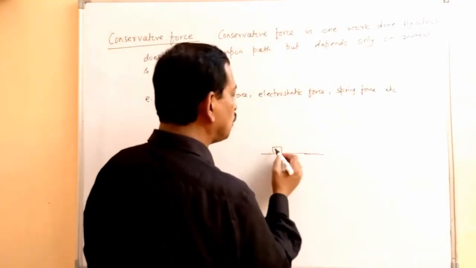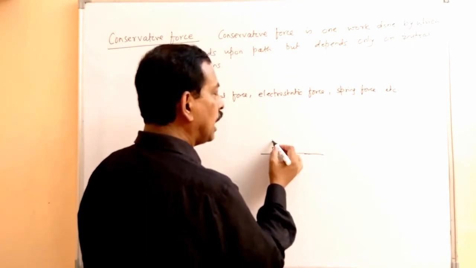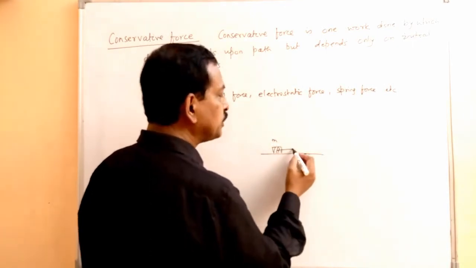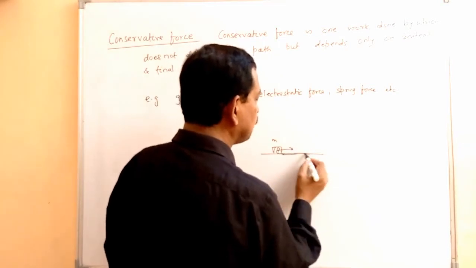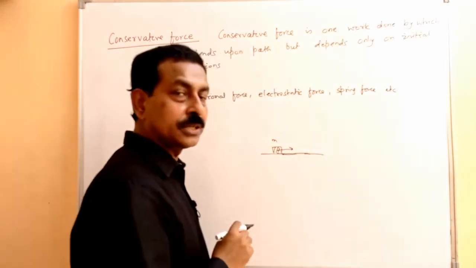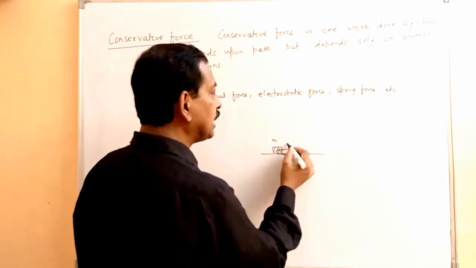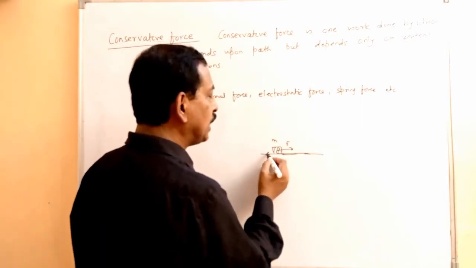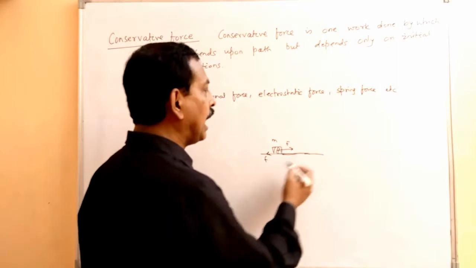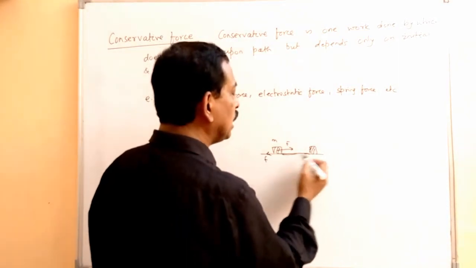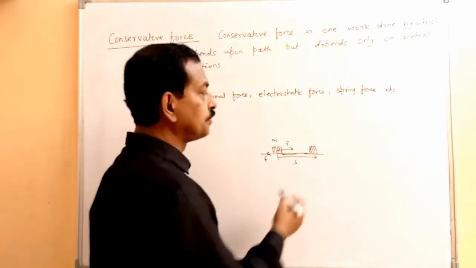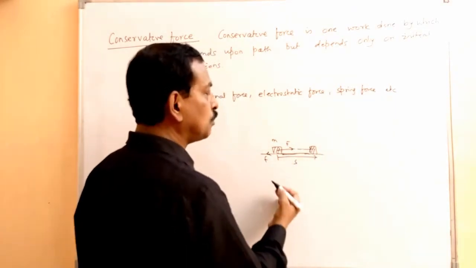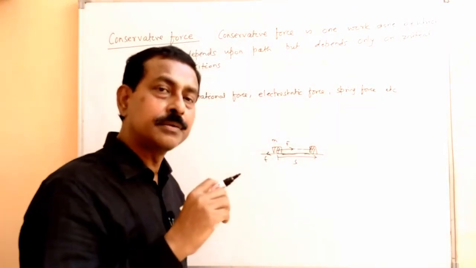Here, suppose you have a body of mass m on which we are applying a certain force and it is moving along this surface. This has got friction. So the frictional force will act in this direction. And suppose we are moving this body from this point to a distance s.